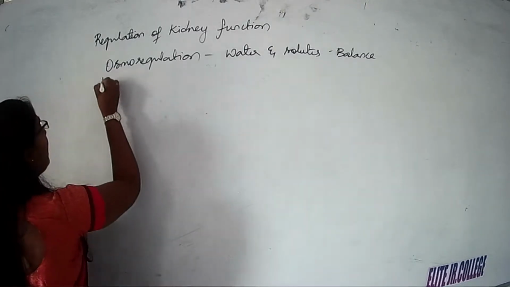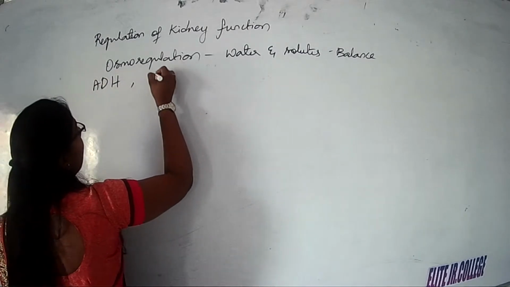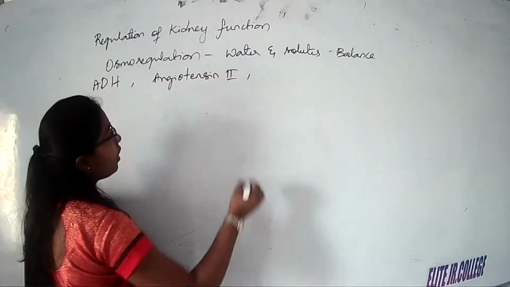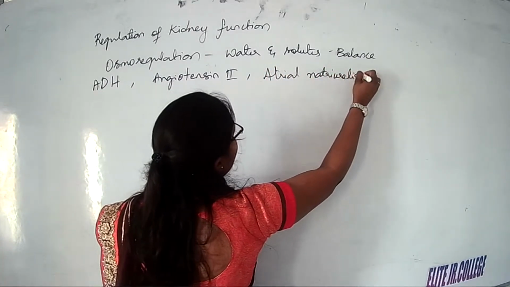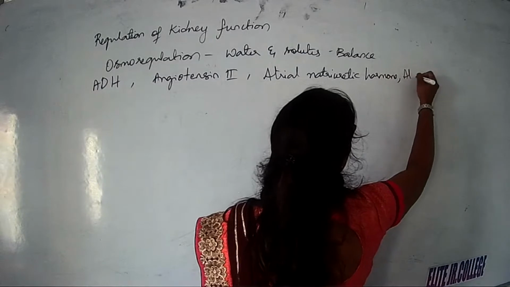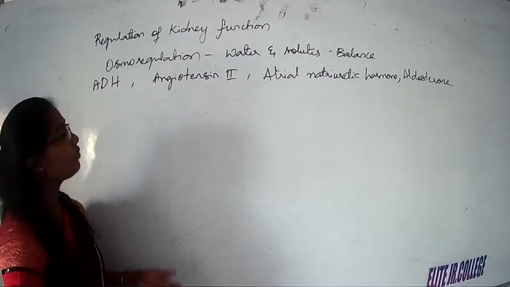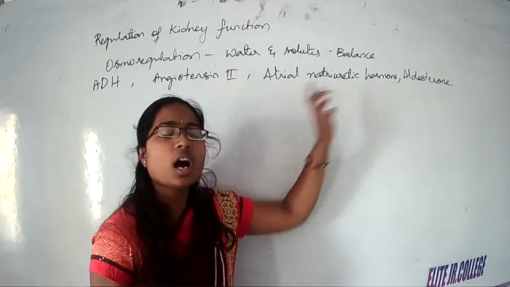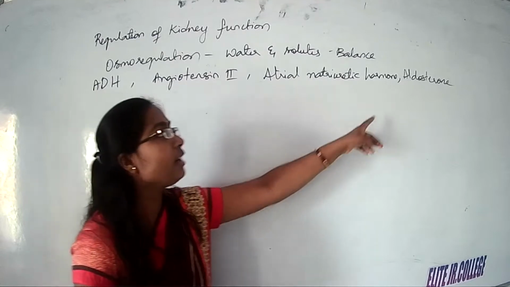There are different hormones like ADH, angiotensin 2, atrial natriuretic hormone, otherwise called atrial natriuretic peptide or atrial natriuretic factor, and aldosterone.